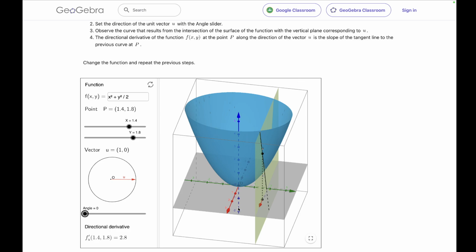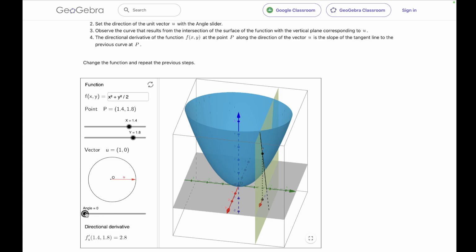When we want to find the directional derivative at an angle 0 at this point, it means the angle between the positive x-axis and this u vector is 0, so u is parallel to the x-axis.